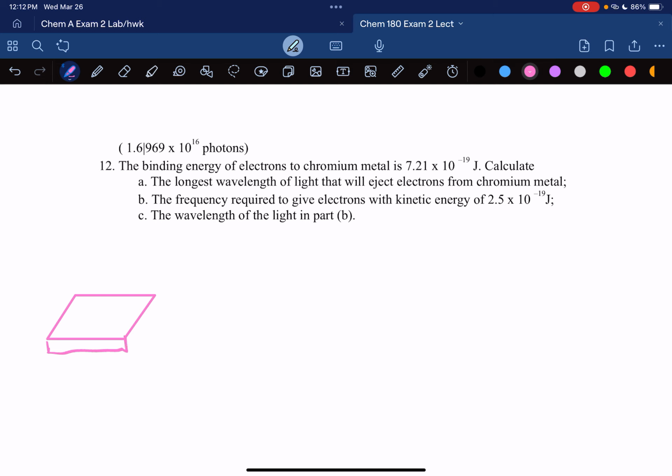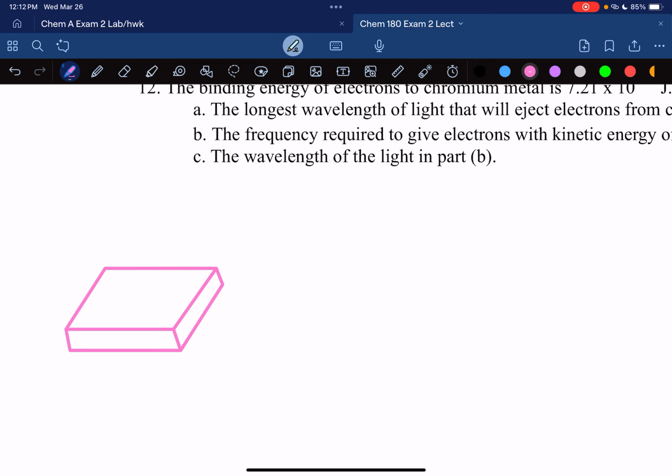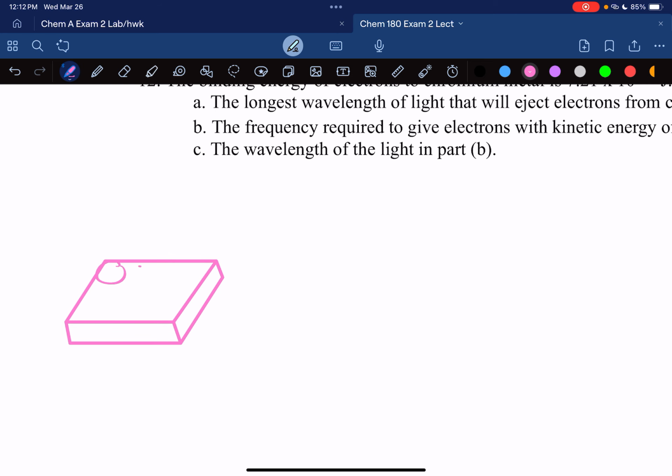A chromium atom consists of this nucleus, and also has one or more electrons outside of it. You have many electrons, and you can look up how many from the periodic table. So those are electrons outside.